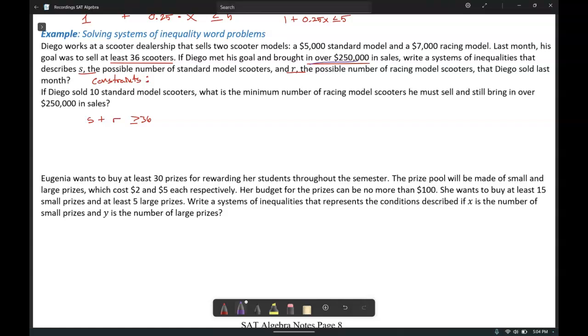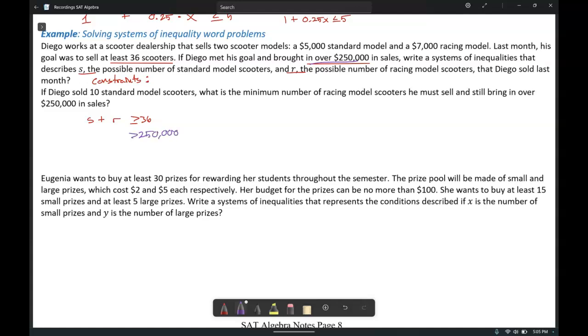The second constraint that we're looking at is the $250,000 in sales. He sold greater than or equal to $250,000 in sales. Actually, since it says over, it means he did just greater than $250,000 in sales.